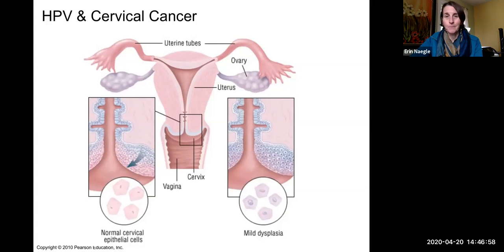It's usually in women. And there's a strain that causes genital warts. Those are different strains. So one strain can cause warts, and then there are two other different strains that can cause cancer. By warts, I mean genital warts.